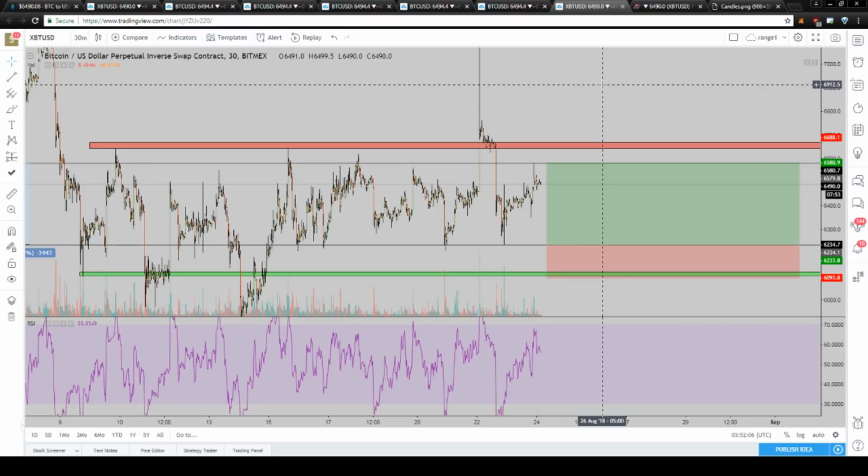I would simply say that it does depend on stack size. Let's say you're brand new to the crypto market, you bought 0.5 Bitcoin, and you hear people talking about trading with 1 to 2% of their portfolio, and you say, oh, that's not possible for me, I'm never going to make any profit.